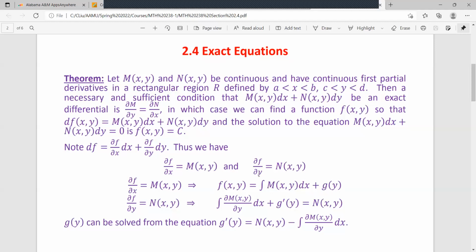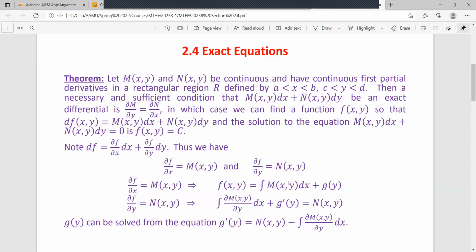Now we're going to use the second equation, partial f, partial y equal to n. Because f is this integral of m dx plus g(y), if we plug that f into the second equation, you're going to get the integral of partial m, partial y dx. Just take the partial derivative of m with respect to y.